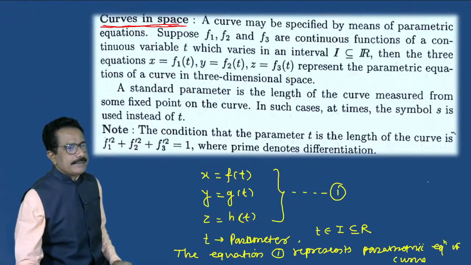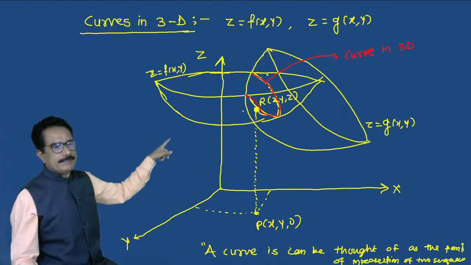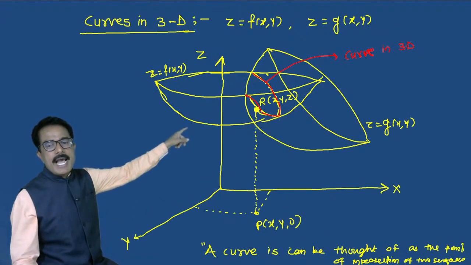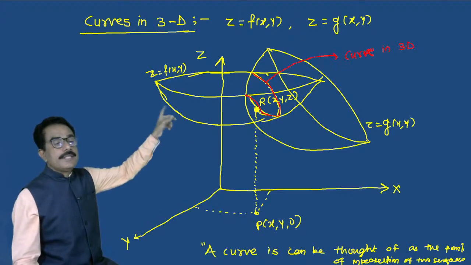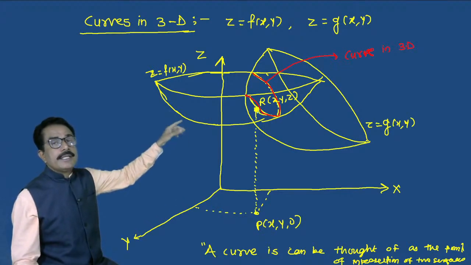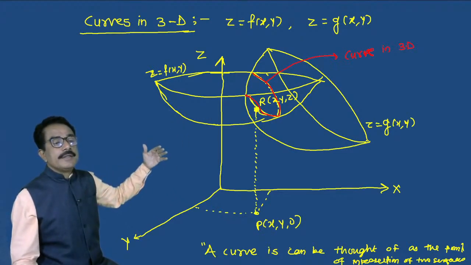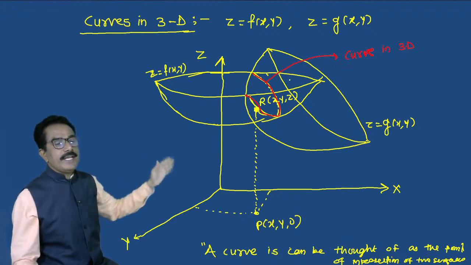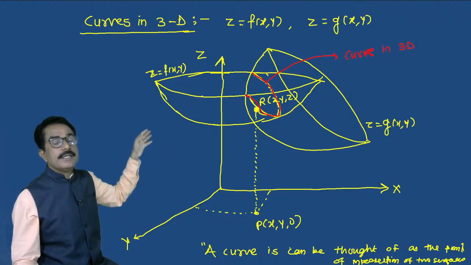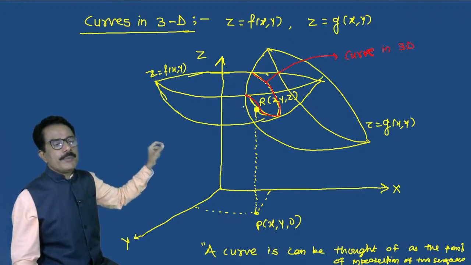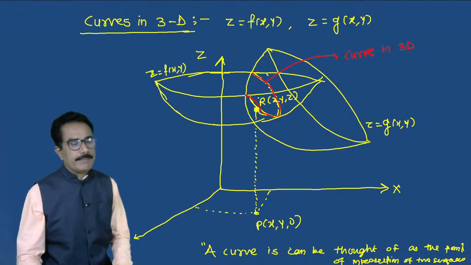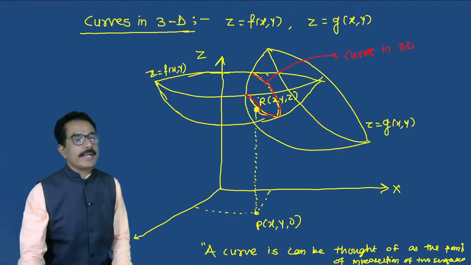Suppose this point R is said to be on the surface, then this point (x, y, z) satisfies the function f of x, y, z.